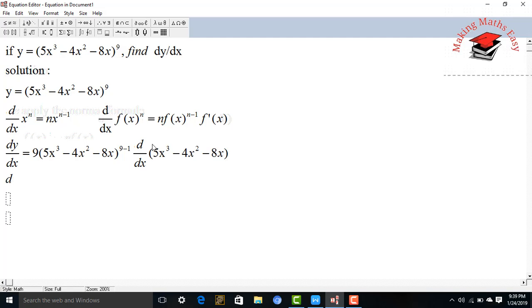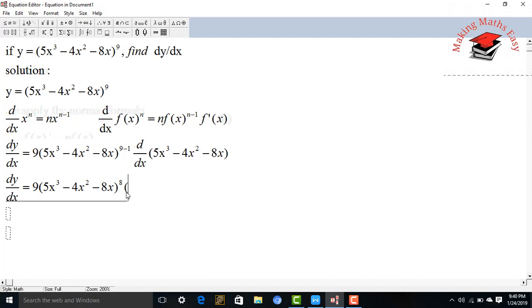Now it looks very easy. Now we will solve further. So dy by dx will be equal to 9, right as it is, 9 into (5x cube minus 4x square minus 8x) raised to 8, into the dy by dx of this.